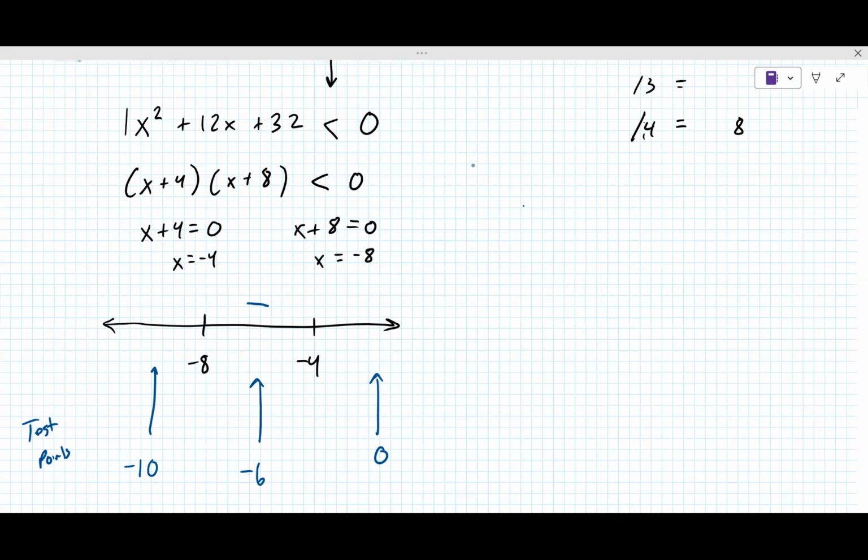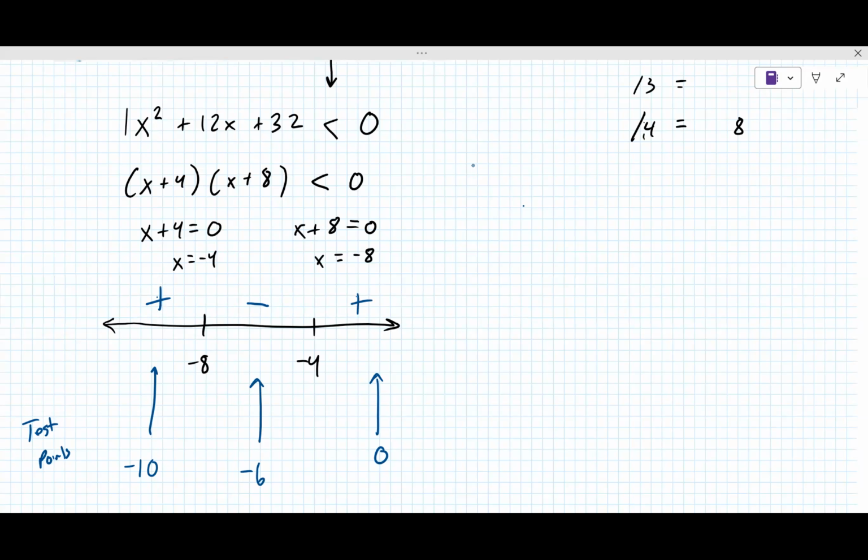Now I'm going to do -10. That's going to be positive, that's going to be 12. And now when it comes to 0, it will be 32.